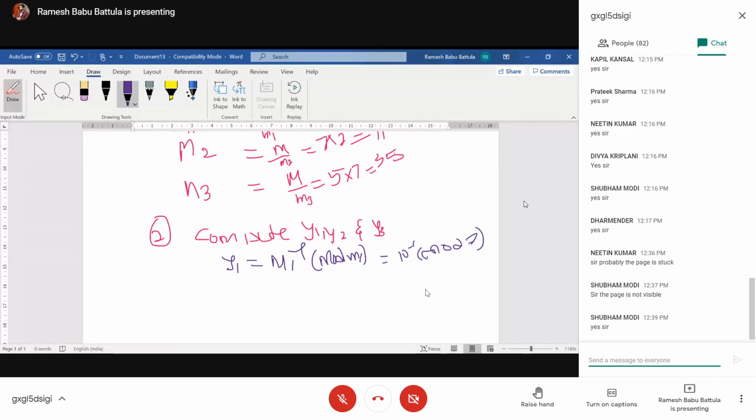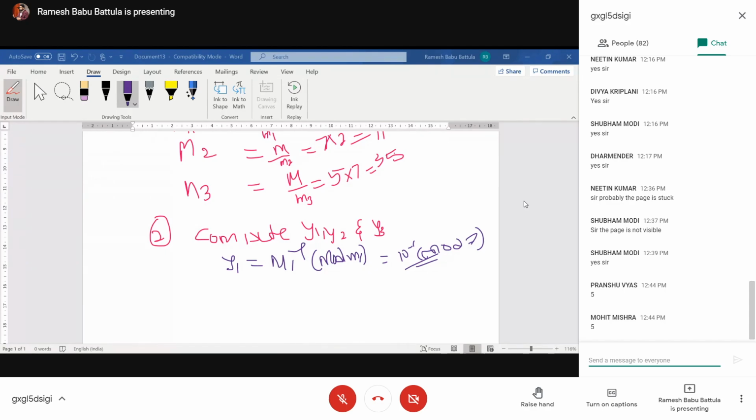What value will you get back? How do you solve this problem? Use the extended Euclidean algorithm. Solve this and find the value. Has anybody found the value? 5. Yes, exactly. 5 is the correct answer.